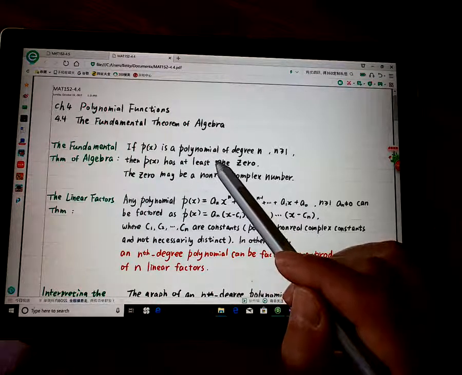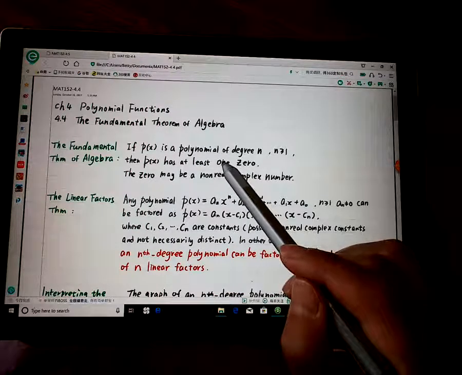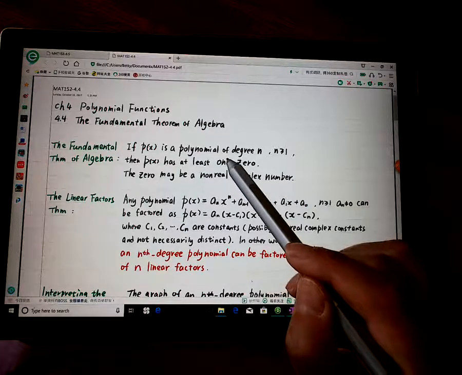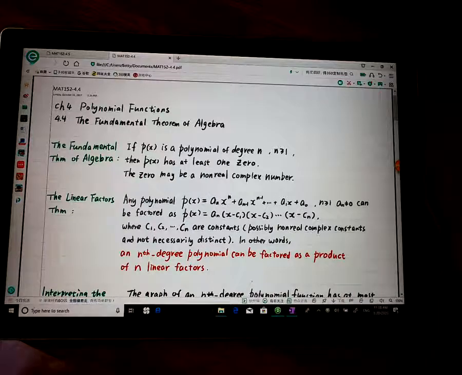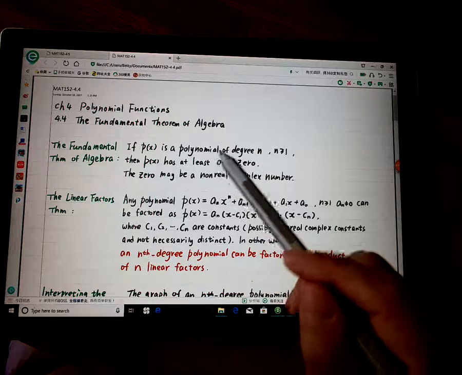The n zeros do not have to be distinct. Maybe some of them are identical, and they don't have to be all real numbers either. It could be a non-real complex number. So I think we'd better use another version of the fundamental theorem of algebra.